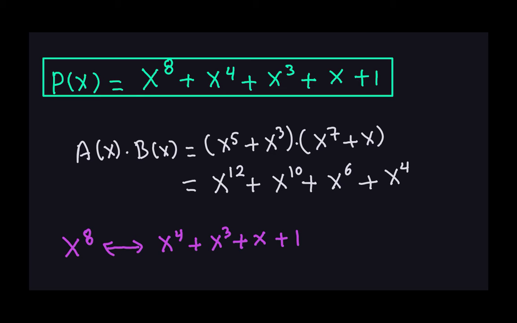Because we're dividing by this polynomial, when you do the remainder of the division, what you're actually doing is replacing anything that has a power of x to the 8th by x to the 4 plus x cubed plus x plus 1, which is x to the 8th identified with this here modulo the p of x. That's basically what's happening. Now, if you don't understand what that means, it doesn't matter. It's an algebraic construct that you can actually do.